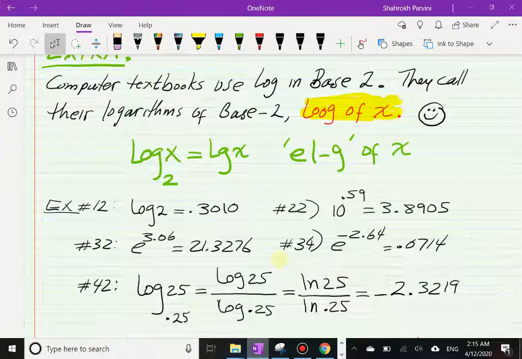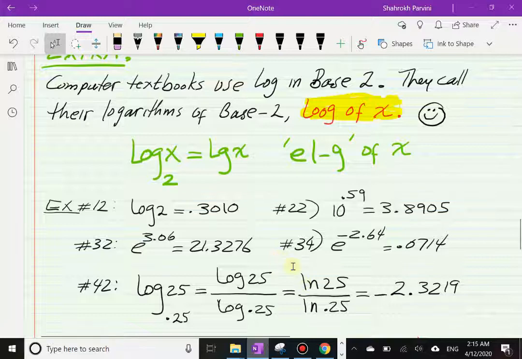Okay, so let's take a look at exercise number 12. I'm going to do these actually using the TI calculator. Okay, so for log of 2, I'm going to have to toggle back and forth. So I apologize for switching back and forth between the screens because I want to show you on the calculator. So number 12, log 2. Let's do that one.